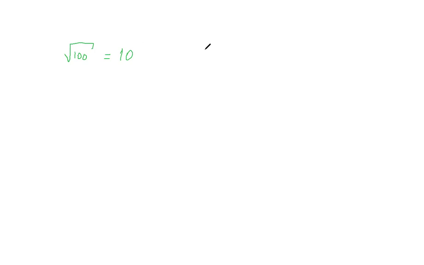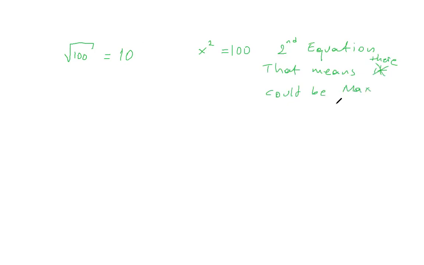Okay, let me talk about this then. x squared is equal to 100. This is a second degree equation, so there could be a maximum of 2 real roots. x squared is 100 means the square root of x squared, which by definition is the absolute value of x.